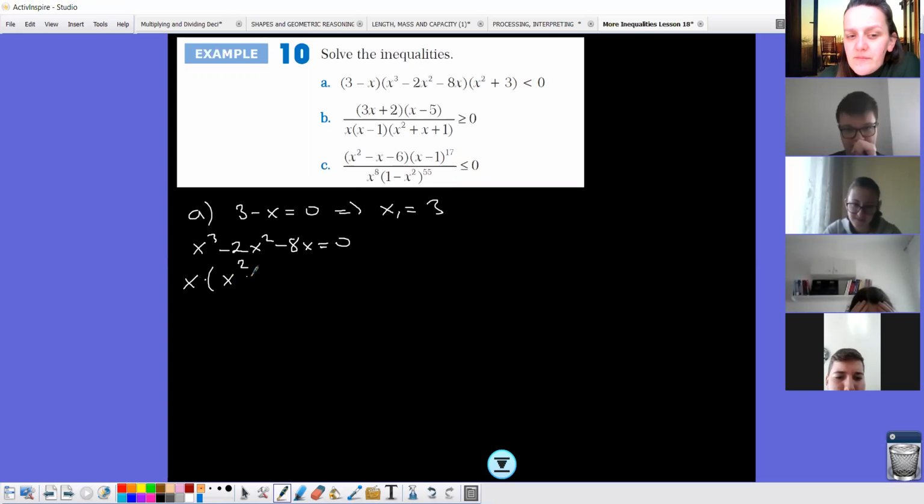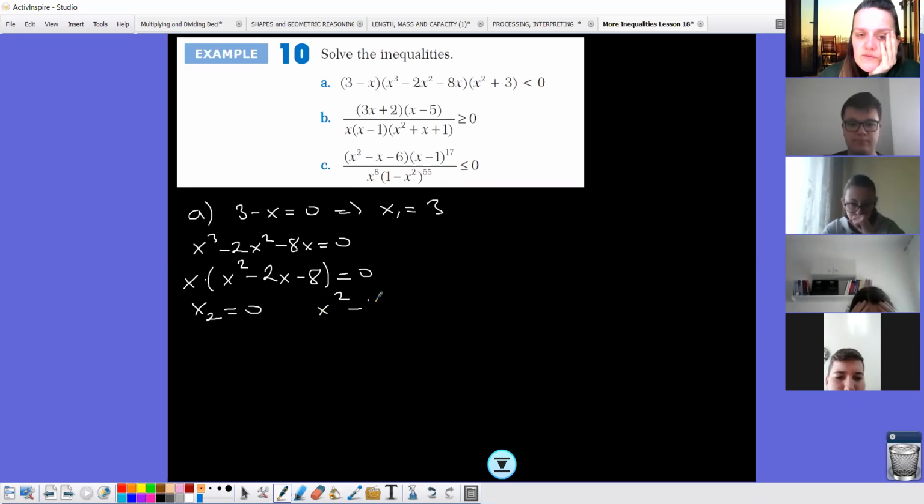Then from here, what are we finding? X2 is equal to 0. We have here one root. If this one is x1, this one is x2, 0. From here, x squared minus 2x minus 8 will be 0.